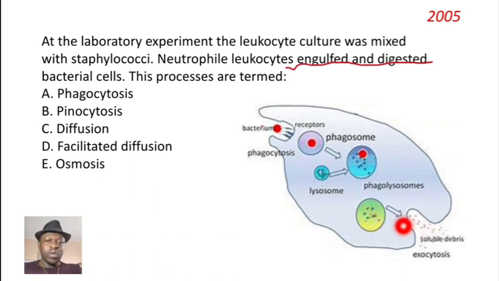And then they will be released by the process of exocytosis. Okay, so this movement across the cell, endocytosis, exocytosis, there's a specific question there I will explain, right? But for this question here, just remember phagocytosis is the answer here, right? Engulfing, eating, phagocytosis.